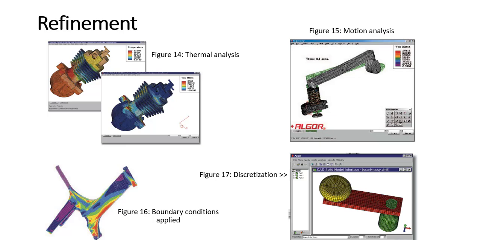Each corner of each element is called a node. After discretization, the boundary conditions are defined.